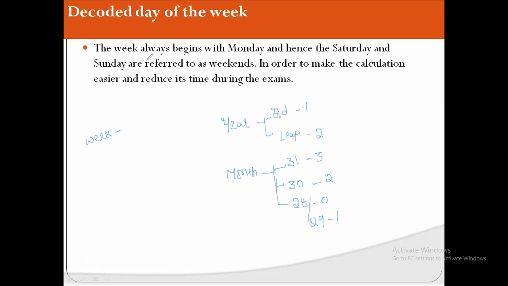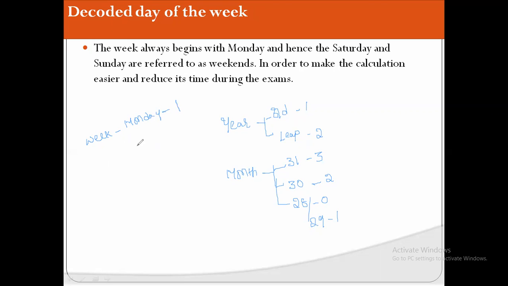A week always starts with a Monday. We treat it as Monday, and hence Saturday and Sunday are referred to as weekends. In order to make the calculations easy and reduce time during examinations, it is better to treat the start of the week as Monday.